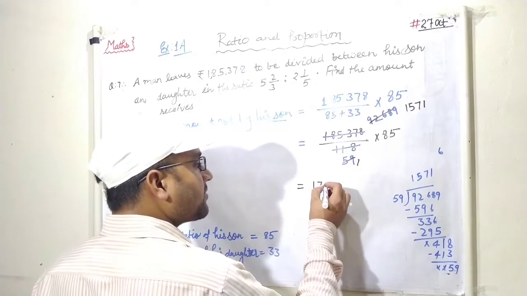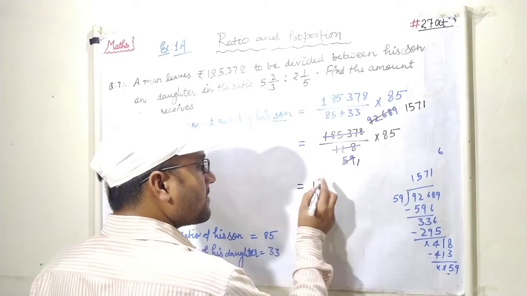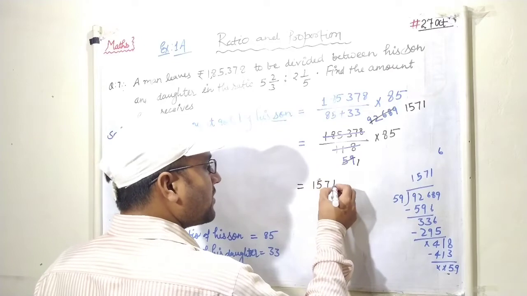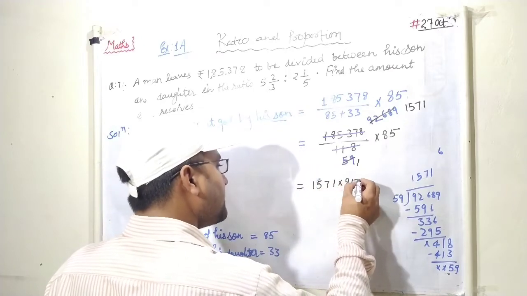So what is remaining after that? 1571 multiplied by 85.